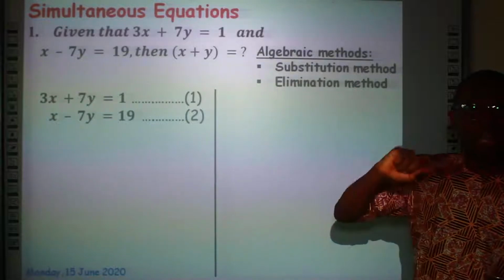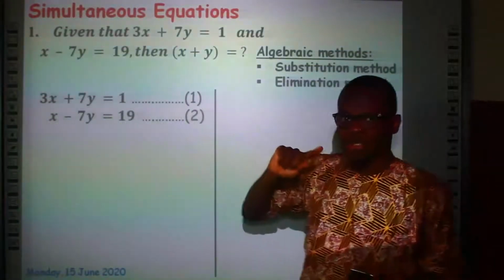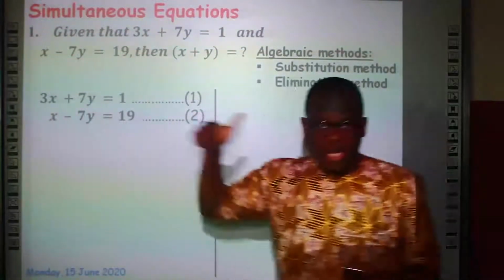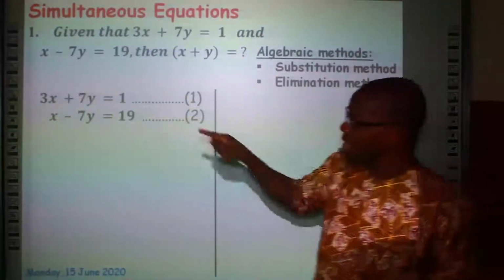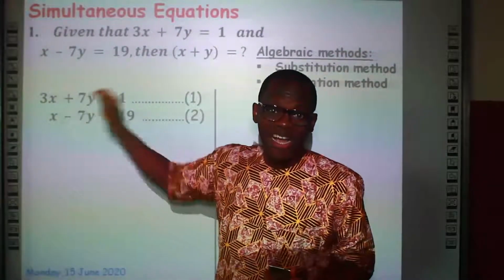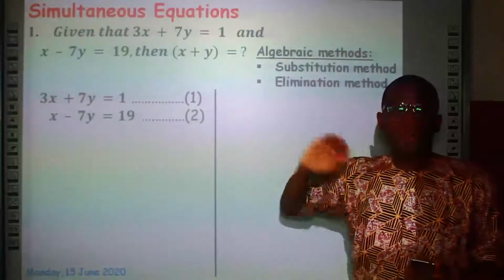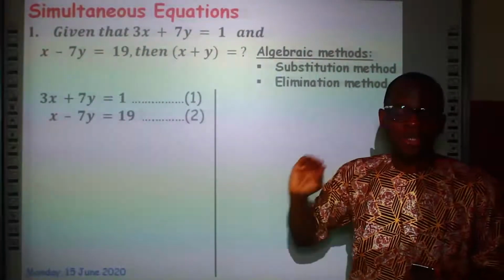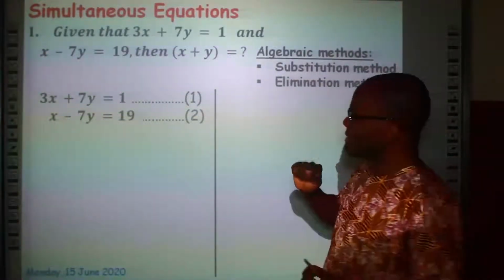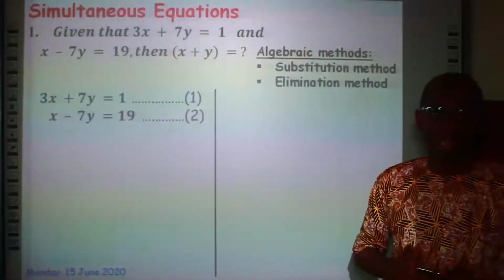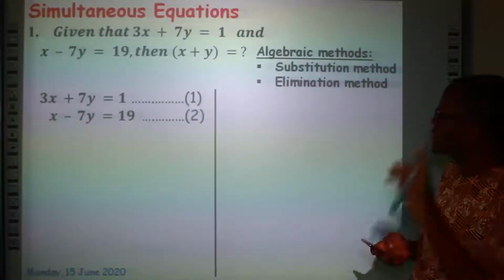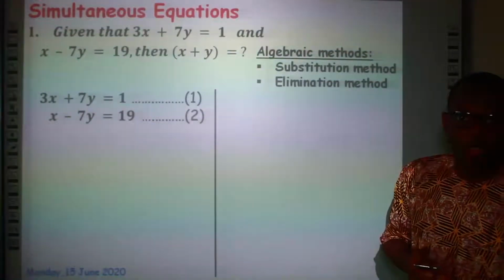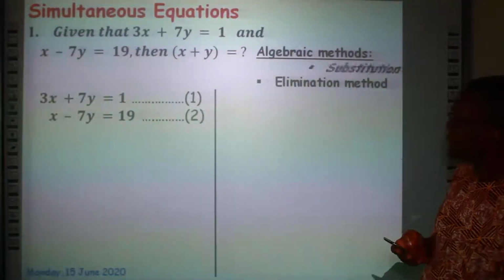Yes, because you can recollect from the last class, I did mention that where the coefficient is 1, you can use the substitution method by making that variable with a coefficient of 1 the subject. But we did that last week. We don't want to go over the substitution method again this week, but rather we'll see how we use the elimination method. So we'll skip the substitution method for today's lesson and concentrate on the elimination method.